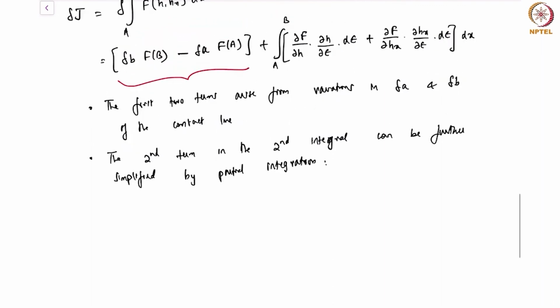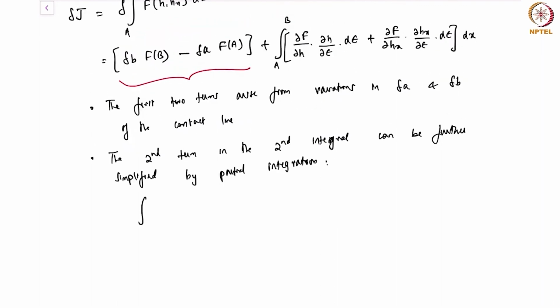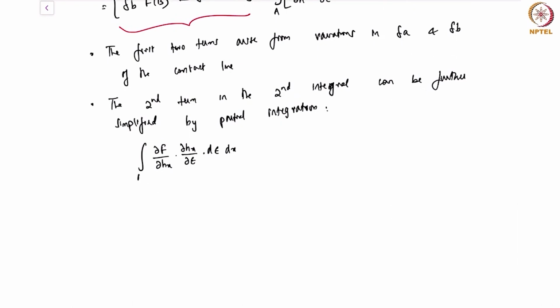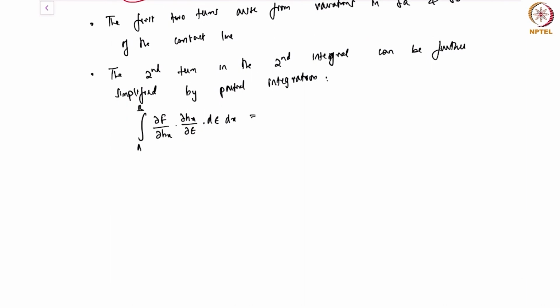So what do I have here? The second term in the second integral is the integral from A to B of del f by del h_x, del h_x by del epsilon, d epsilon dx. This is what we have, right? This quantity is nothing but del f by del h_x times del h by del x, because for the integral with respect to x, I can directly do an integration. h_x becomes h, and I have d epsilon.